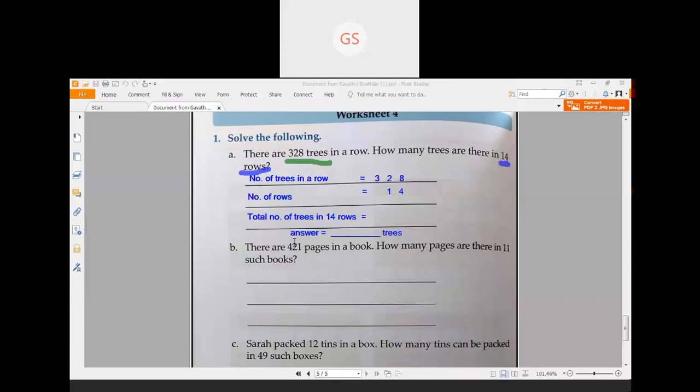Is everything perfect in this sum? What have I typed? No, one thing is missing. What is it missing? I did not type the symbol, isn't it? What is the sign used for multiplication? Multiplication, yes, X sign.